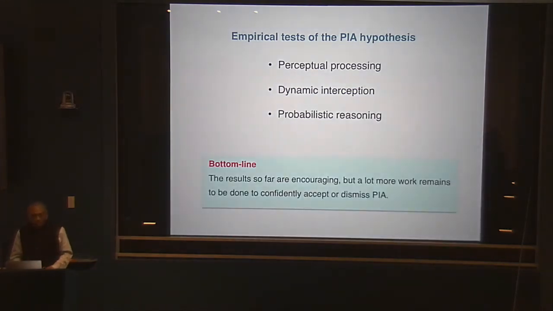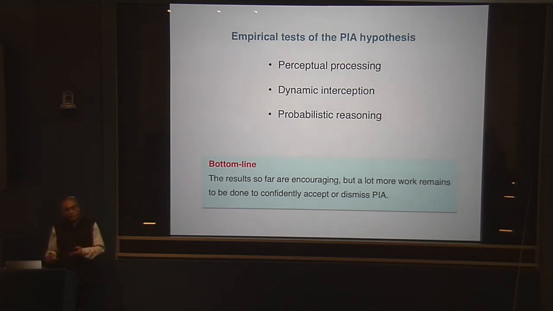So the bottom line that I had started out with, the results so far, I hope you agree with us, are encouraging, but a lot more needs to happen before we can have more confidence to reject or accept PIA. One other thing that has encouraged us about the predictive impairment hypothesis is that this paper has been read not just by scientists, but by the public at large.